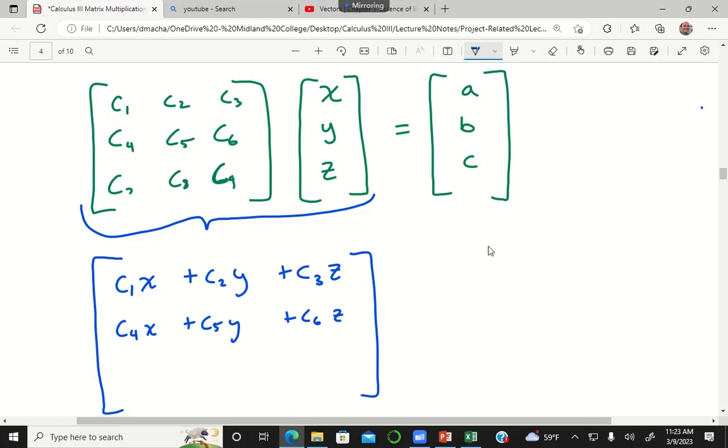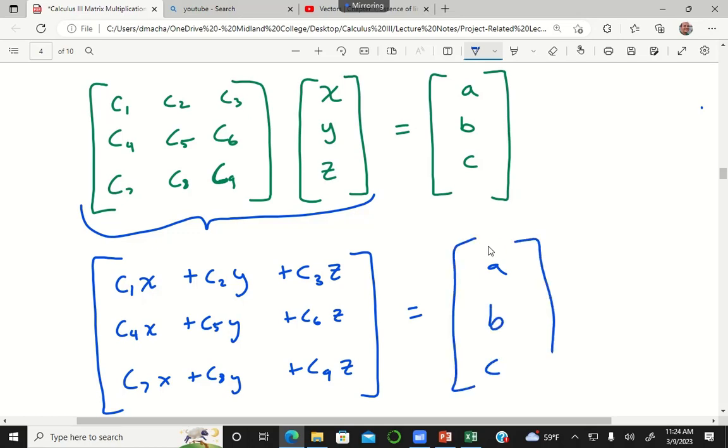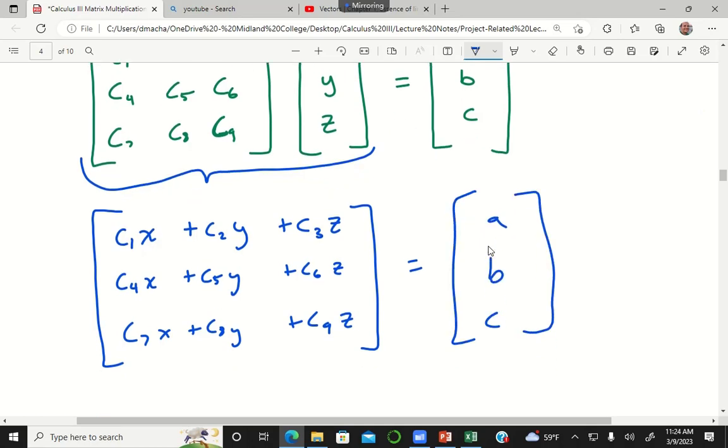And then C7x plus C8y plus C9z is the third entry. So this vector of size 3 that I got by matrix vector multiplication is equal to this vector of size 3.